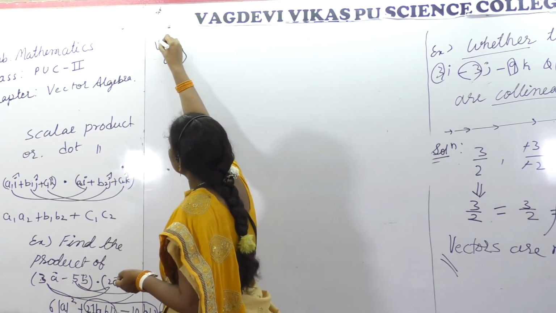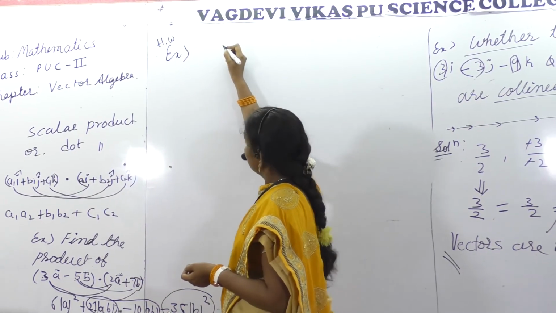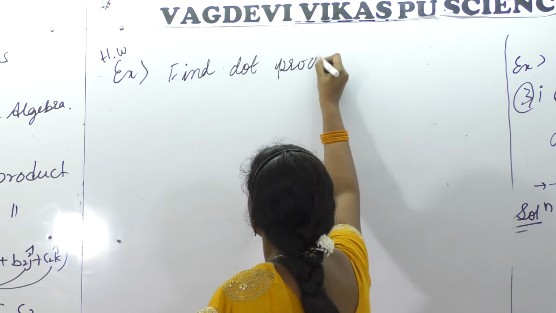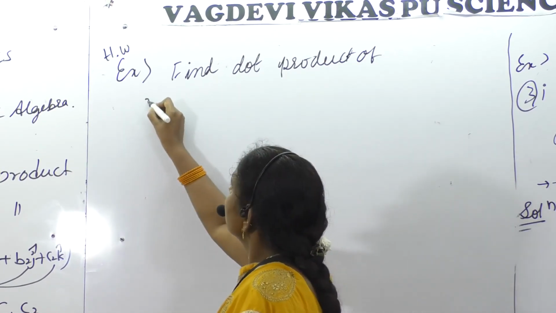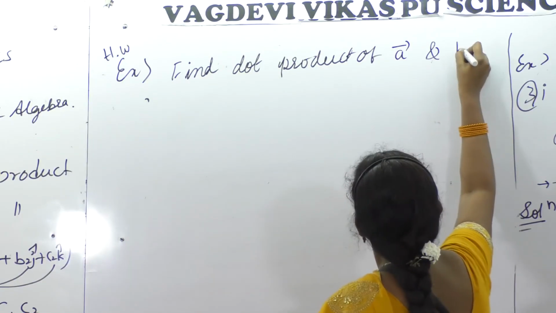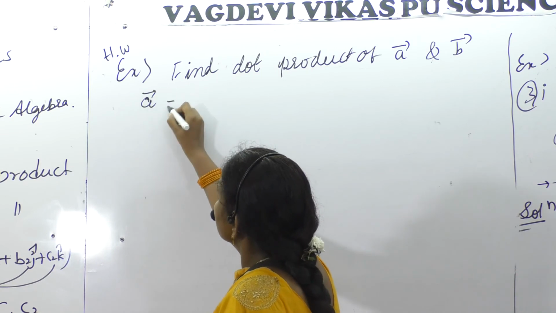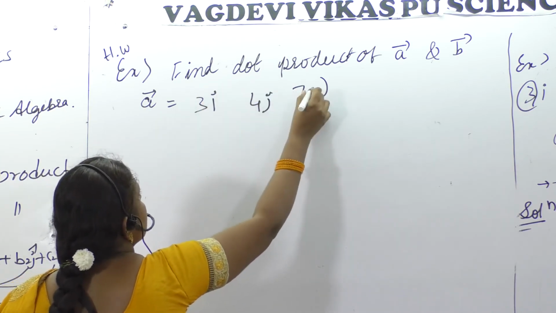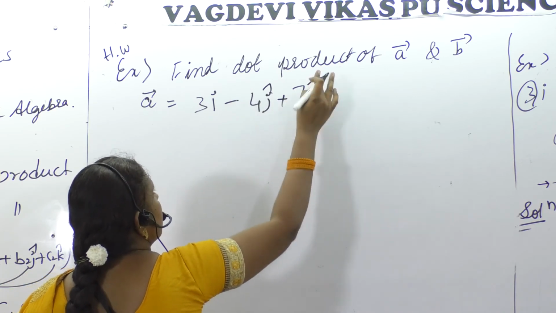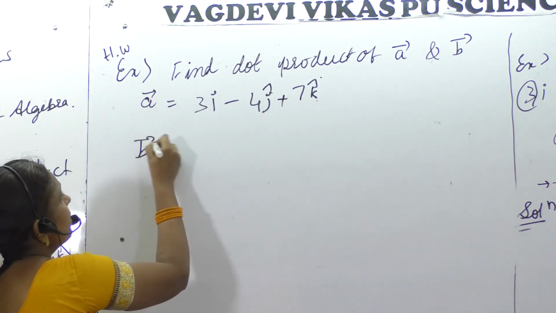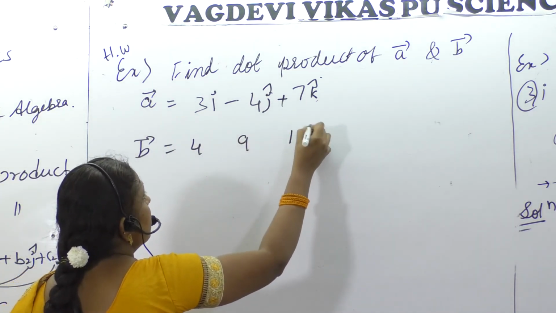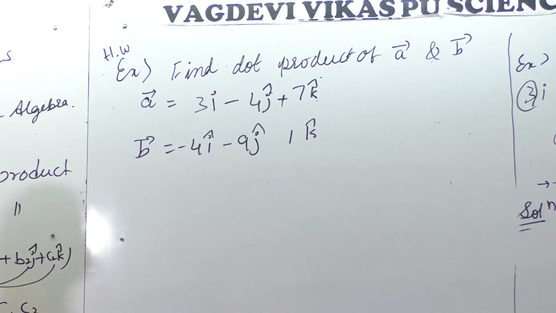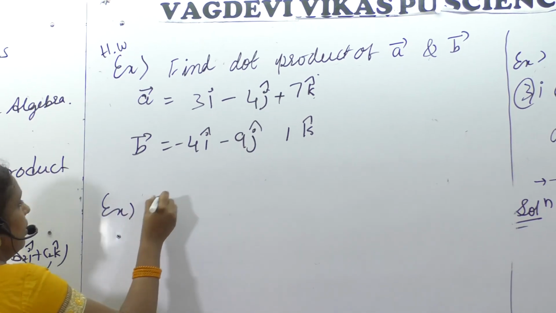Find the dot product of A and B. A is equal to 3i, 4j, 7k. B is 4i, 9j, 1k. A dot B.